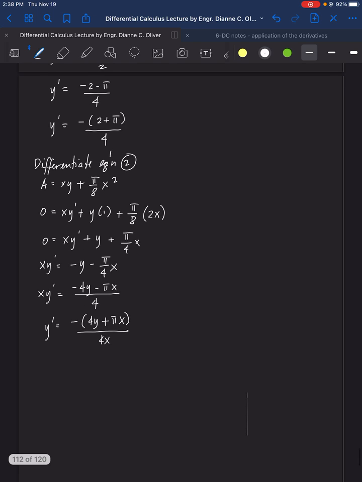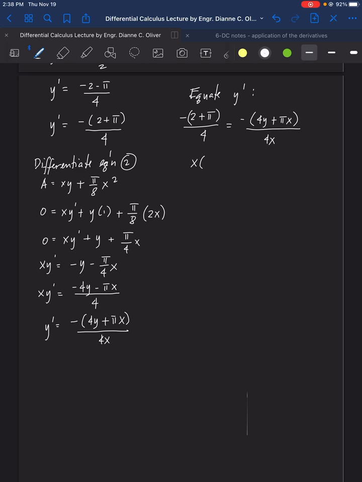Then let's equate the y prime. The first y prime is negative 2 plus pi all over 4 equals negative 4y plus pi x all over 4x. Cancel the negative sign, cancel the 4, so what's left is the x.